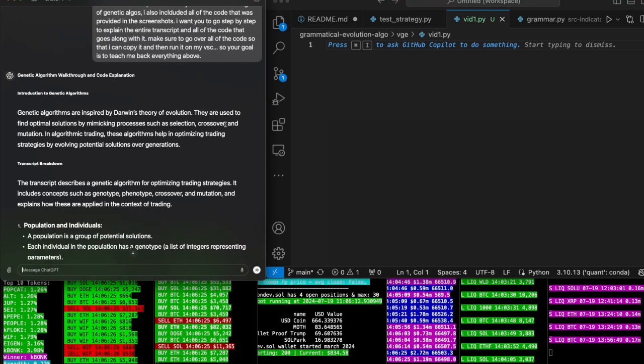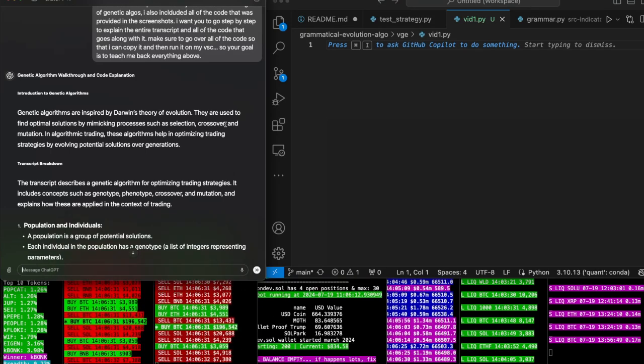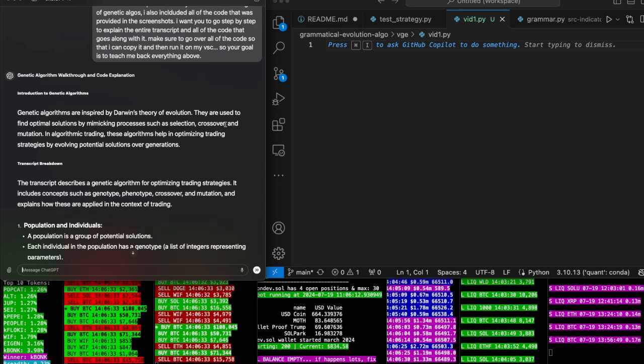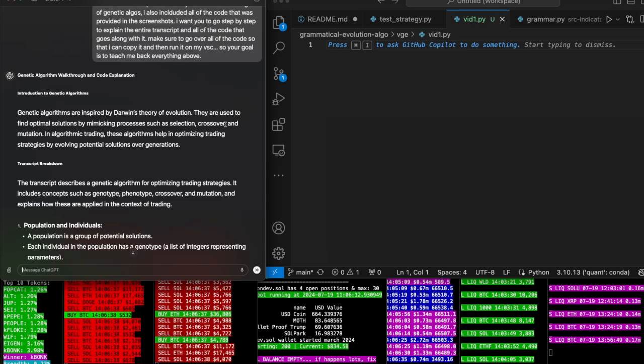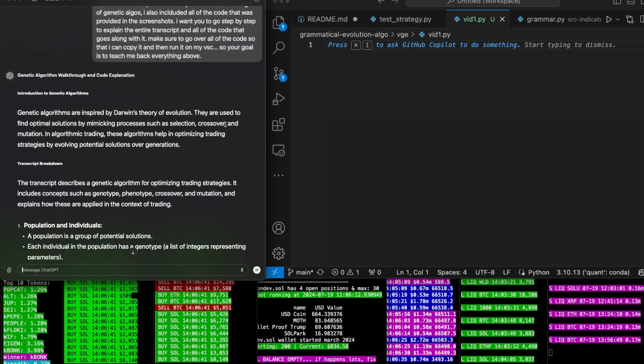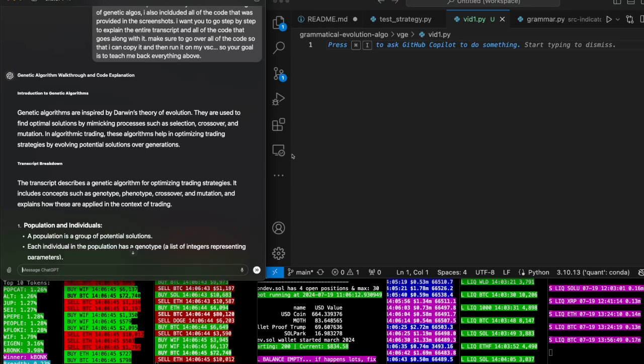Anyways, genetic algorithms are inspired by Darwin's theory of evolution. They are used to find optimal solutions by mimicking processes such as selection, crossover, and mutation. In algorithmic trading, these algorithms help in optimizing trading strategies by evolving potential solutions over generations.